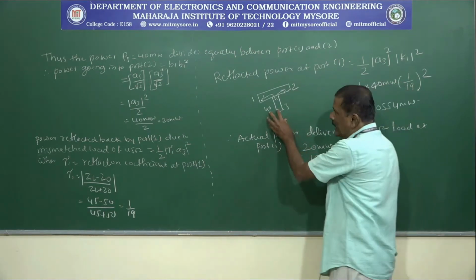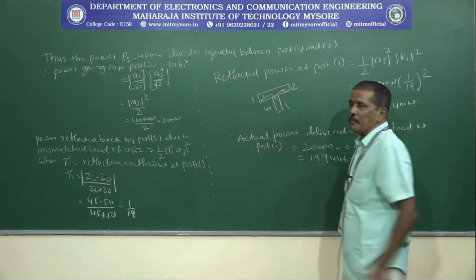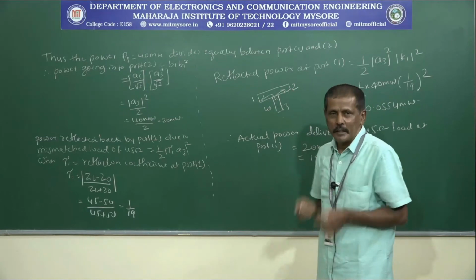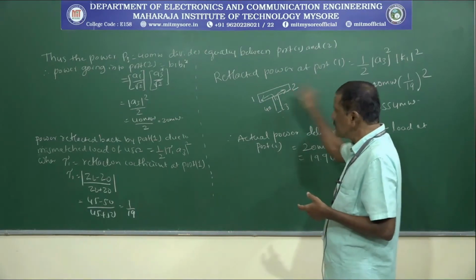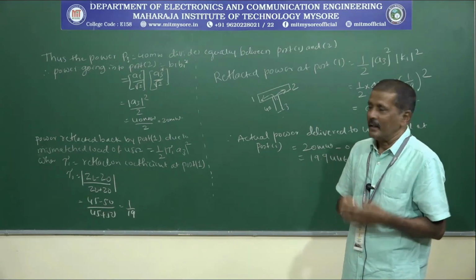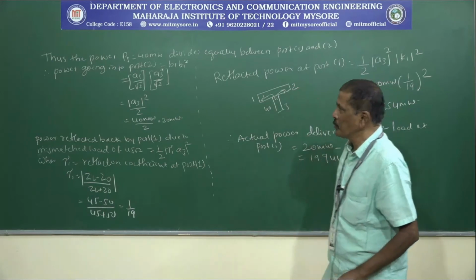Now you have to calculate how much power goes to port 1 and how much goes to port 2. Because in the given problem ports 1 and 2 are mismatched, certain reflected signal will be there. We are supposed to calculate the signals delivered to port 1 and port 2.